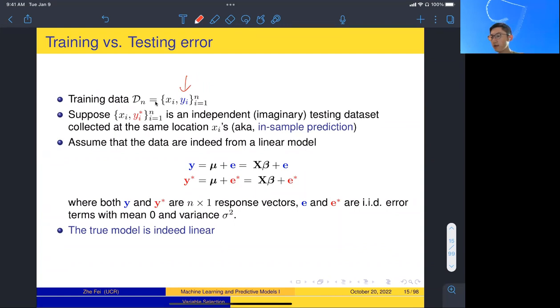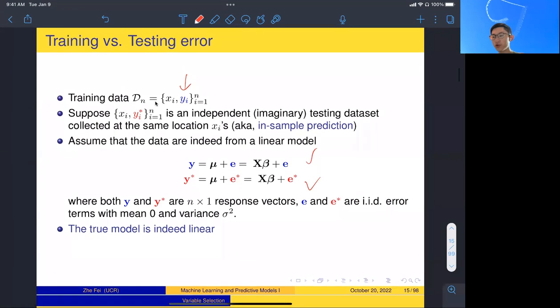And the red y star are independent testing samples. So y star is something we do not use for the model, but we want to predict. Because we assume the linear model, for both y and y star we have these two formulas. They are essentially the same, so the truth is the same for both the training y and the testing y.